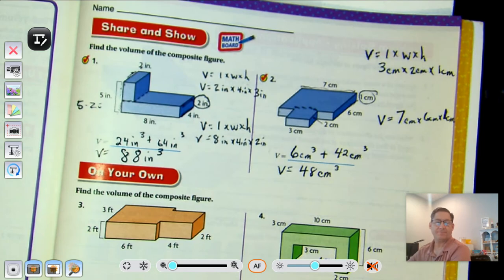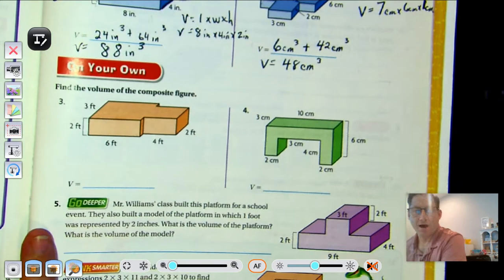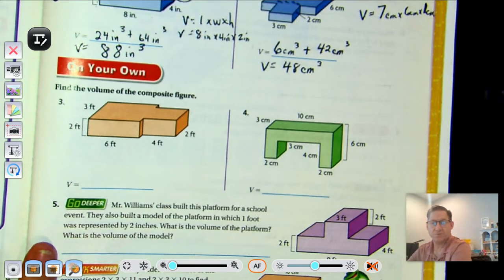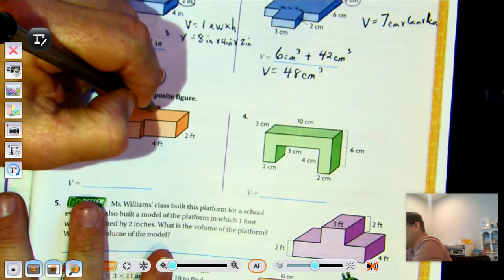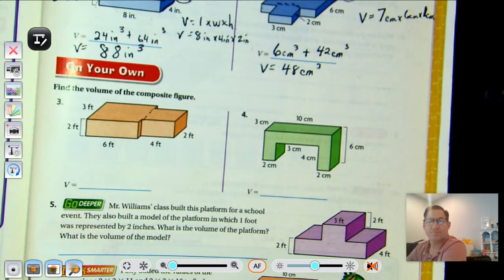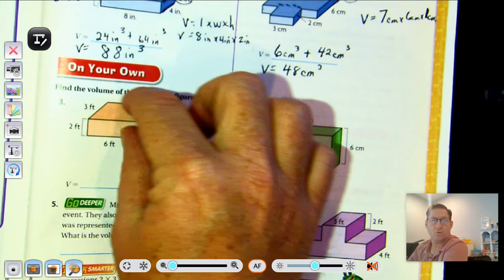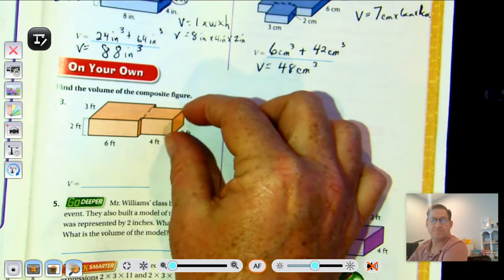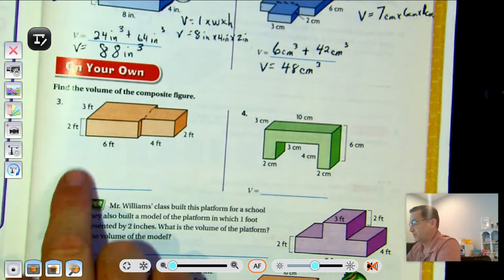Right, number 3, find the volume of the composite figure. Again, it doesn't tell me how or which method to use. I'm just going to break this into 2 rectangular prisms like that. Okay, I have this one here, and I have one here. Doesn't matter which one I do first.